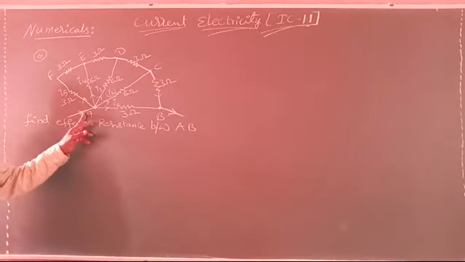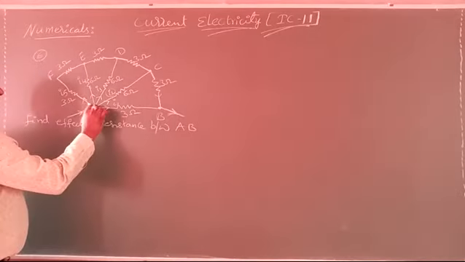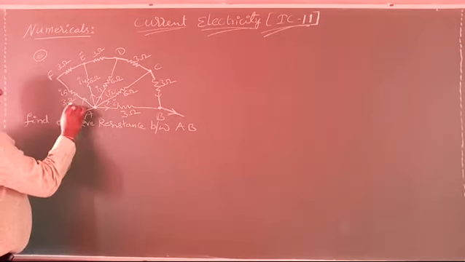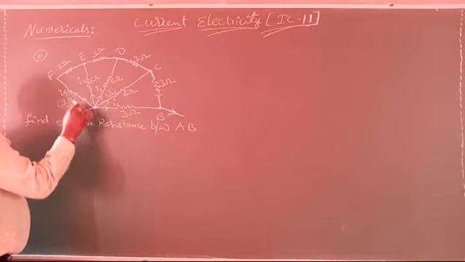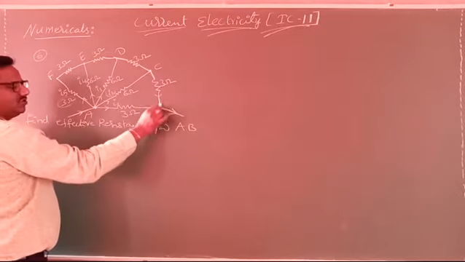Because we start at A and end at B. Now it comes along this 3 ohm resistor, that current I5 will come towards F and F will go towards B.